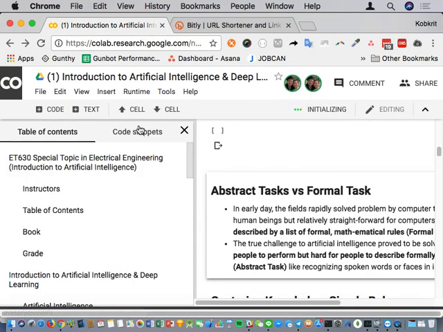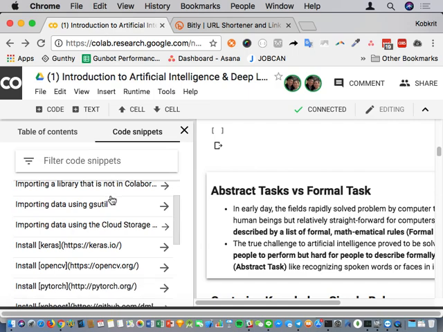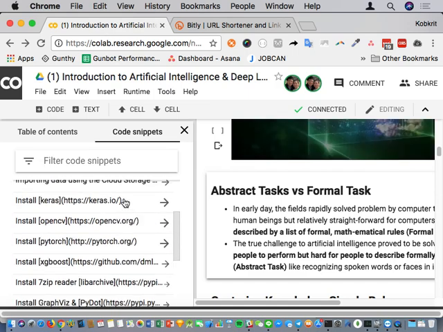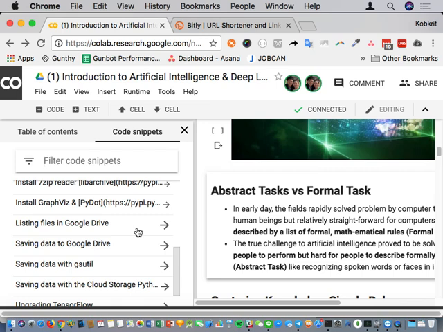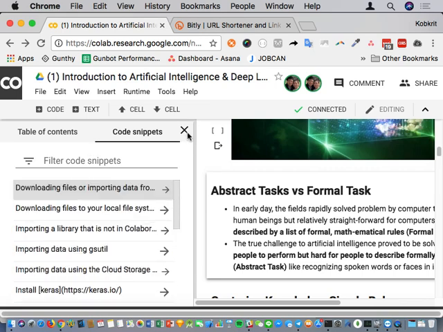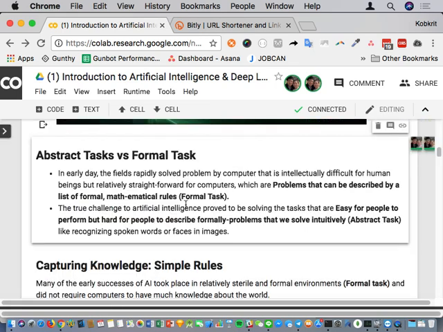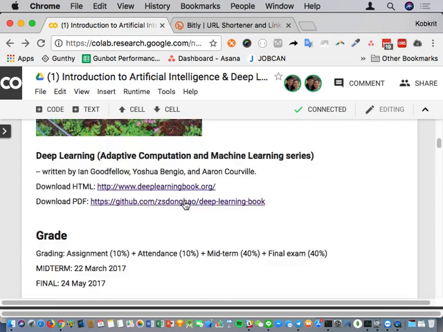I can have code snippets here ready for doing a lot of things. Something like I can install Keras here. I just click and it is installed for me. This is a better way than just PowerPoint for deep learning.